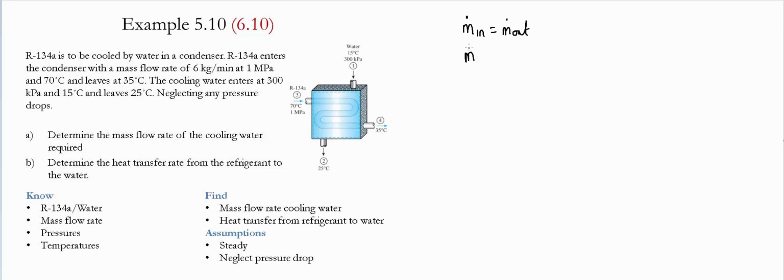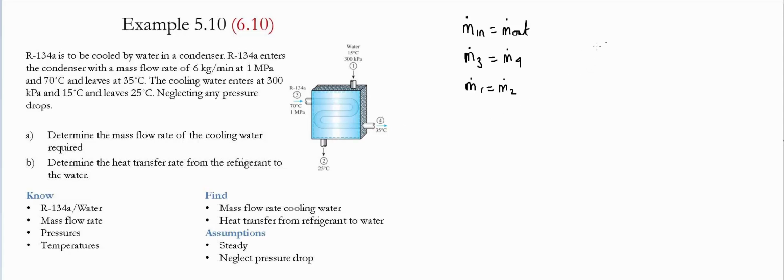So that means that m.3 is equal to m.4. And doing the same analysis for the water, m.1 is equal to m.2. The reason we're allowed to do this is because there is no mixing between the refrigerant and the water. So each one of them is independent.